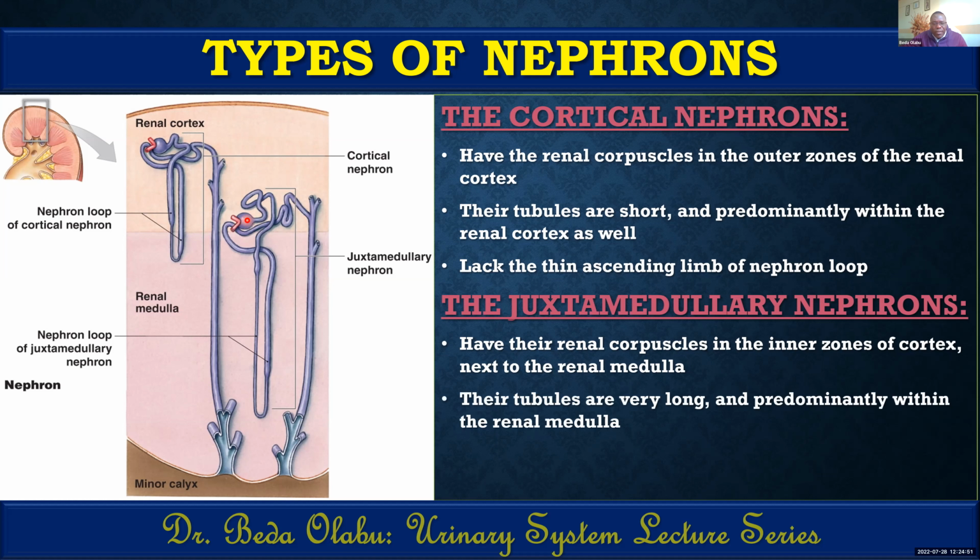The loop of Henle, or rather the tubule, including the loop of Henle, is really long for these particular nephrons. And look, the loop is largely within the medulla. Very long loops of Henle and largely within the medulla. Also important to note is that it has a very prominent thin ascending limb of the loop of Henle.